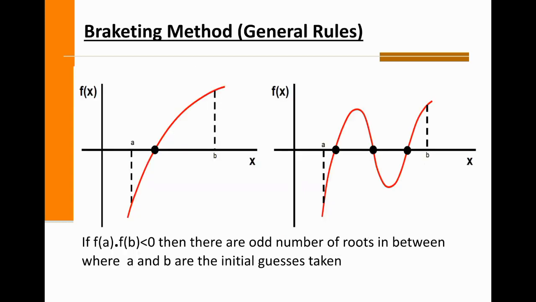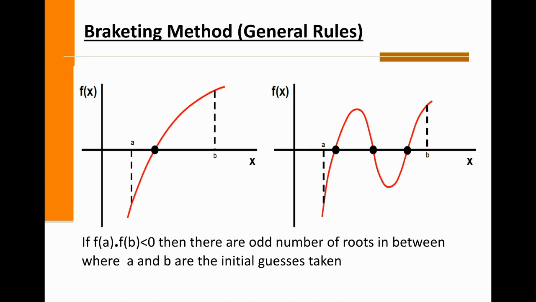These are some rules about the bracketing method. When we choose a bracket, for example, a is our lower end and b is our upper end, then a to b is our bracket. If we have a bracket in which our root lies, then definitely in that bracket at least one or more roots lie.